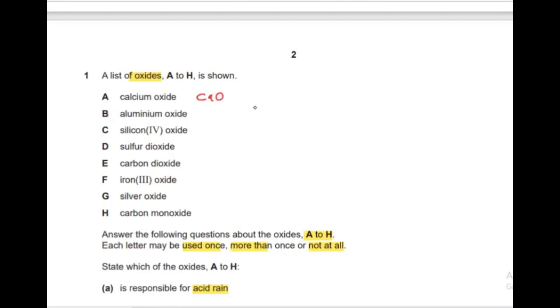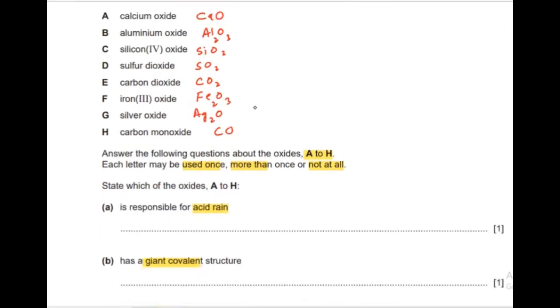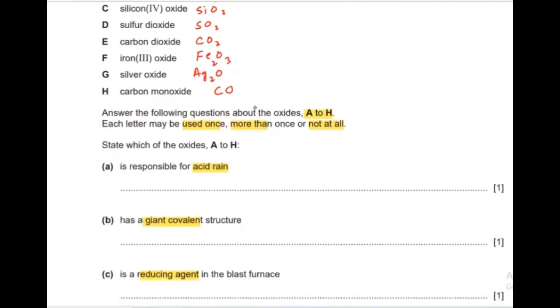Now, calcium oxide is CaO, aluminium oxide is Al2O3, silicon dioxide is SiO2, sulfur dioxide is SO2, this is carbon dioxide, this is iron 3 oxide, and this is silver oxide, and then carbon monoxide. And this is the extra information regarding the formulas. So let's start from question number 1.